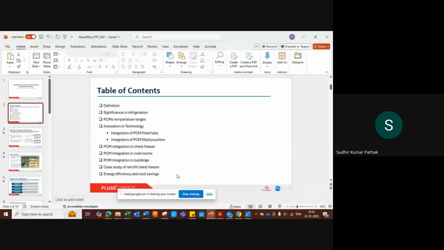The content of today's session is as follows. First, we understand the concept of mass effect, then the significance of mass effect in refrigeration. Then we cover the various types of phase change materials and their temperature range. Then we discuss the innovation in technology: how we can integrate the PCM filled in tubes, or the PCM filled in pouches.